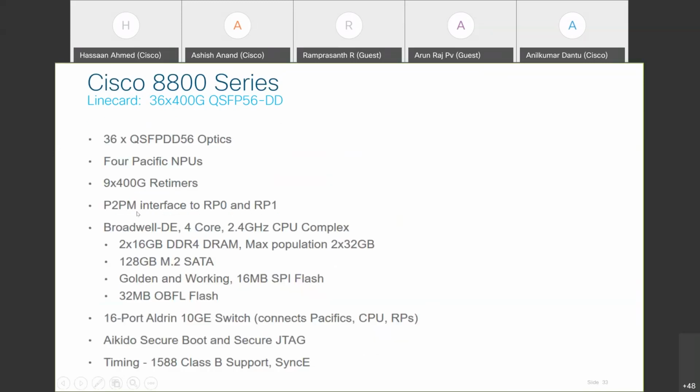Plus it has a P2PM interface to the RP for the FPGA interaction. And the remaining FPDs and that information are pretty common. Plus it has the EOBC connectivity with the RP, for the control plane and the punt inject as well as for image download and other communications.